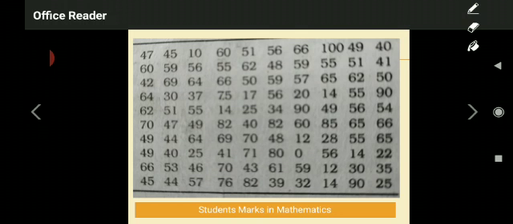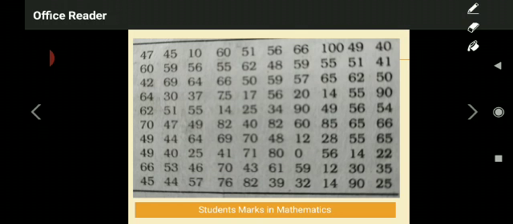Out of 100 students, marks are given like this. If marks are given in this format, you are not able to understand how many students have got what amount of marks with the help of this raw data. This is called raw data.